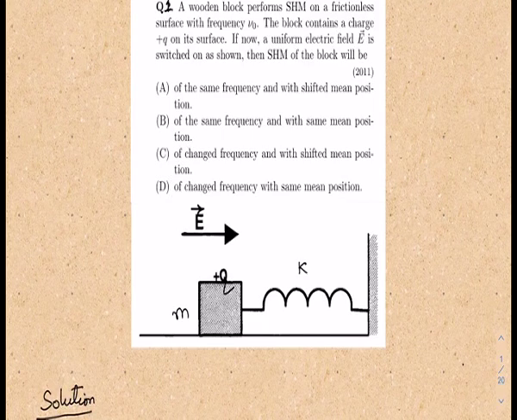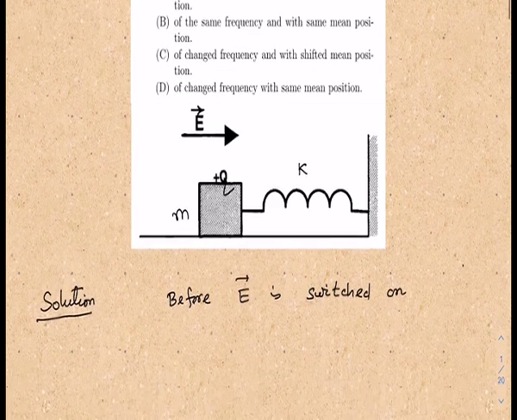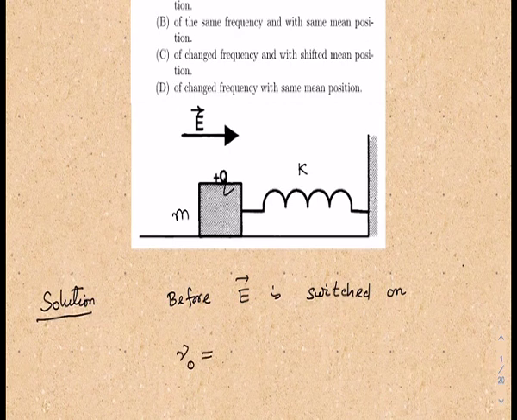Then before the electric field E is switched on, that means in the absence of the electric field, the SHM frequency, simple harmonic motion frequency, is given by 1 by 2 pi root over k by m.